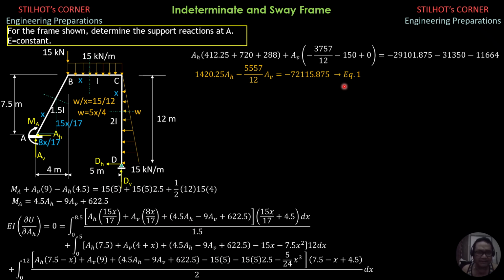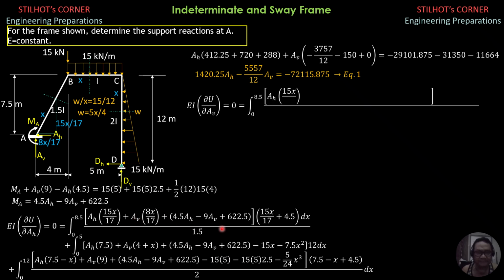Then for the second part, EI partial of U with respect to A vertical equals 0 equals, we copy this moment equation. The derivative with respect to AV would now be 8x over 17 minus 9. So that is, we copy. Then partial derivative of this moment equation with respect to A vertical is quantity 8x over 17 minus 9, over 1.5.